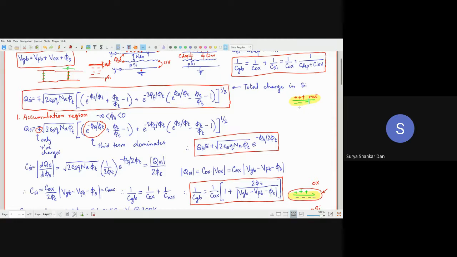So no matter how much is the negative charge over here in the oxide region, since they are all creating exact dipoles, that much positive charge will appear here. So whatever charge you are applying on the metal as plus, exactly the same amount of charge will appear on the oxide side of the oxide semiconductor interface.